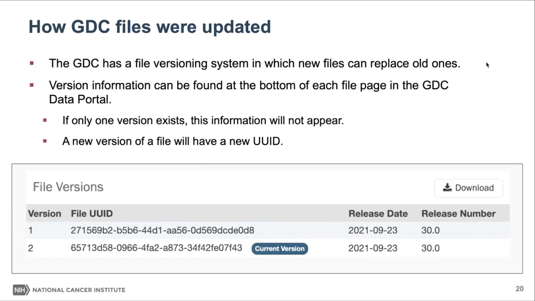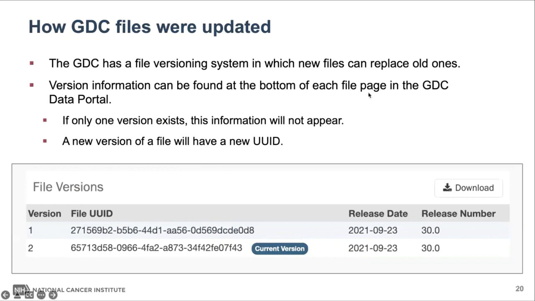So here you can see below, this is an example of a versioned file. Versions 1 and 2 are shown here, in which the current version is labeled. And in this case, both of them came out in the same release because they were versioned between releases. But sometimes you will see different release numbers here.